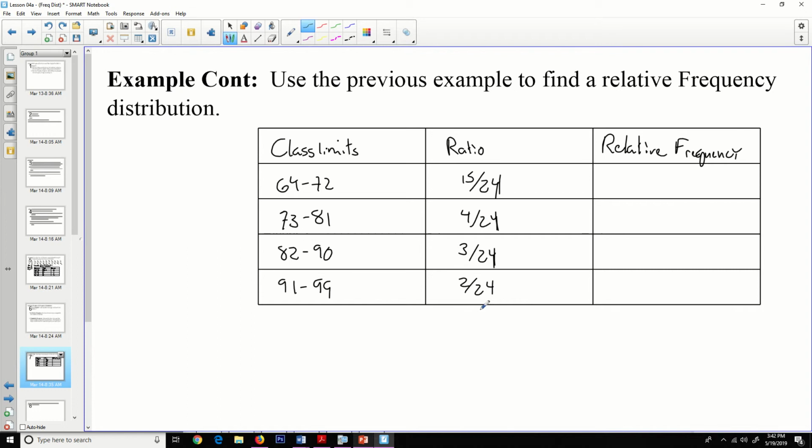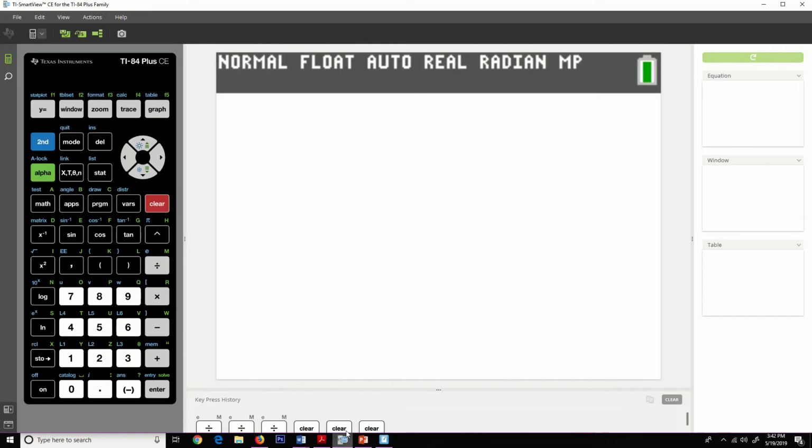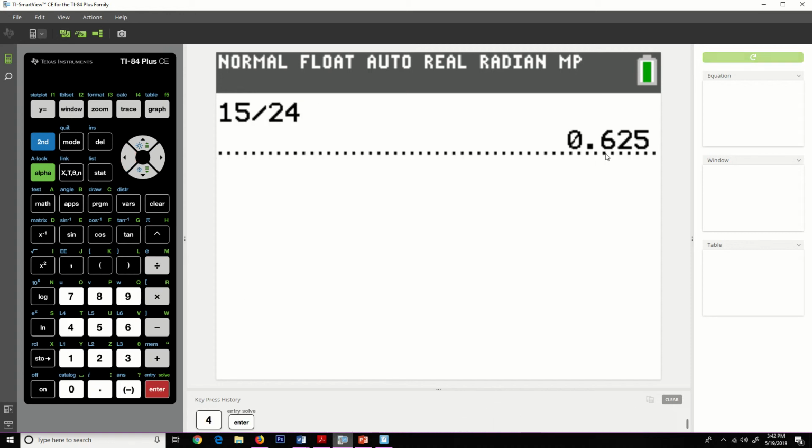is just a percentage based on these values. So if I grab my graphing calculator and we go 15 divided by 24, we'll get 0.625, and if we move the decimal 2 places, we get 62.5%.